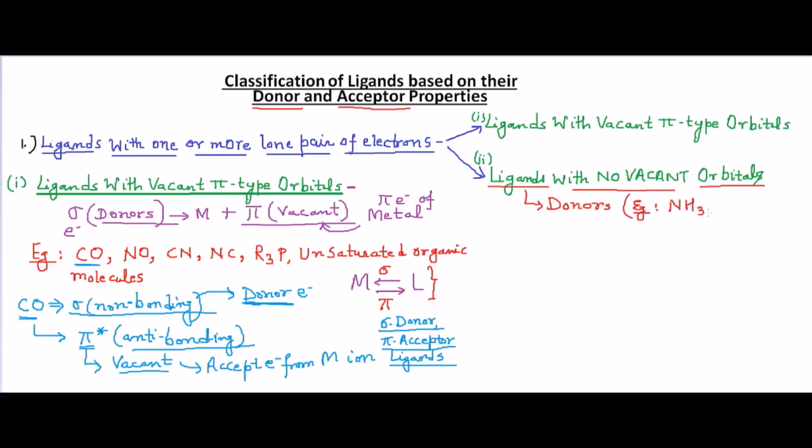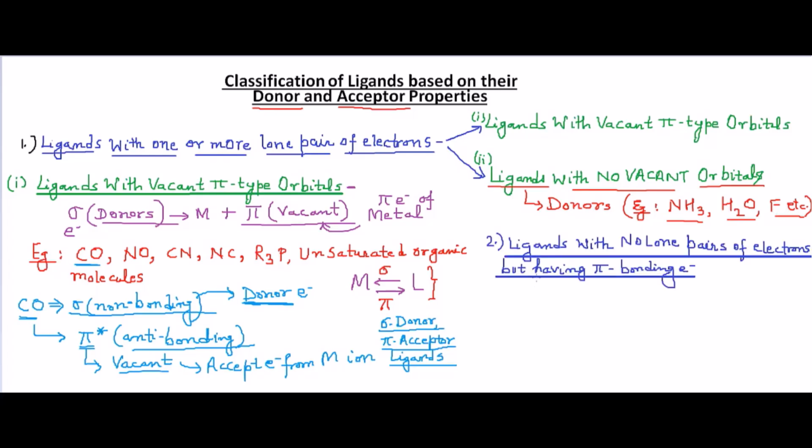So neutral unidentate ligands, ammonia, water, halogens, these fall into this category, which do not have any vacant orbitals to receive any electrons, but they can only donate electrons to the metal atom or metal ion.